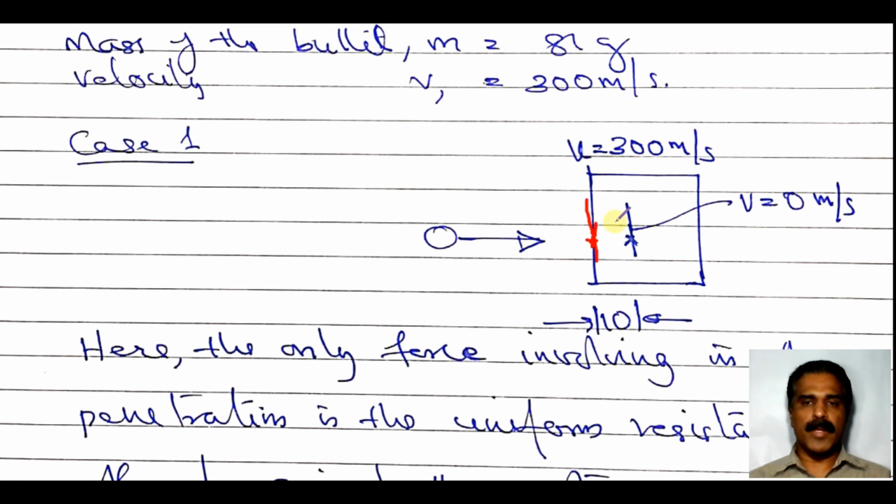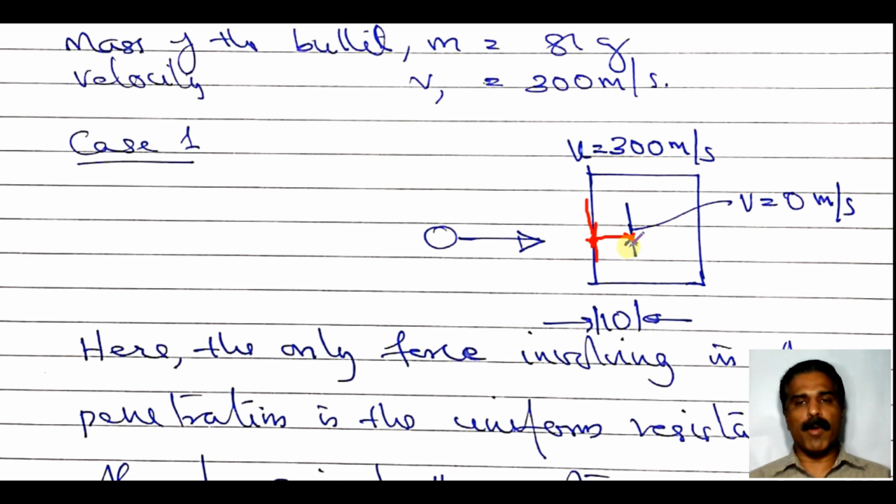It will be going inside the wooden block, and while passing through a distance of 10 centimeters from this face, reaching this point, what happened? The velocity reduced to 0. That means it could travel only 10 centimeters through the wooden block.